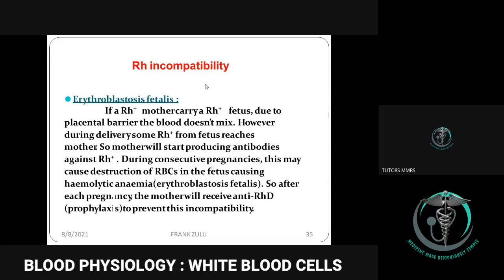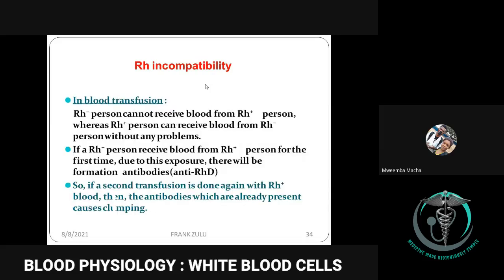Sir, does the Rh negative of the mother change to positive after the second pregnancy? Remember, it doesn't change. The only thing that happens is that you've now produced what? Antibodies. So you now have antibodies in the plasma, and antibodies are able to cross the placenta.